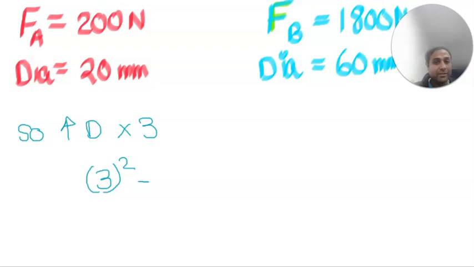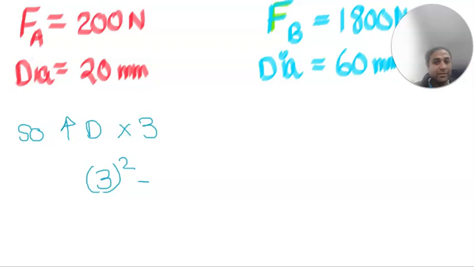When we look at this diameter, this is 20 and the diameter on the other side is 60. First we find out the ratio between the diameters. I have to multiply this diameter by 3 times to convert into the diameter on the other side. It doesn't matter if you convert into radius, that will be 10 and that will be 30, so the ratio remains the same.